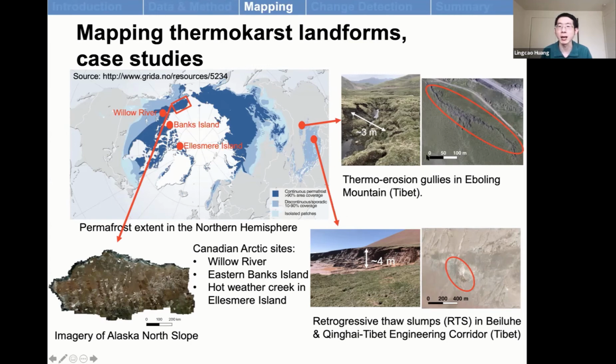This is some work I did in the past: the thermo-erosion gullies, the retrogressive thaw slumps in the Beiluhe region, and the Qinghai-Tibet engineering corridor. Now I also work on some regions in the Arctic, the Alaska North Slope, and some selected sites in the Canadian Arctic.